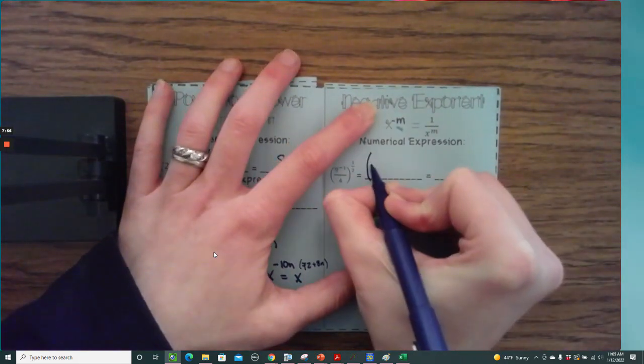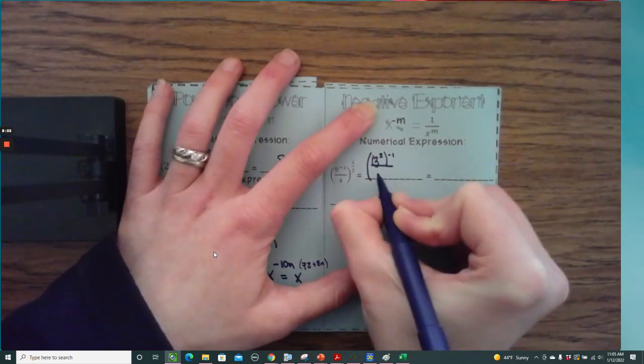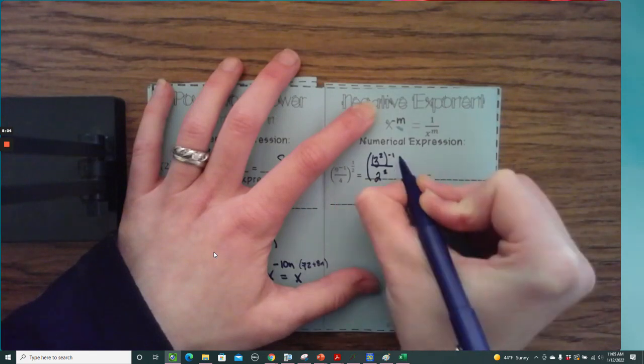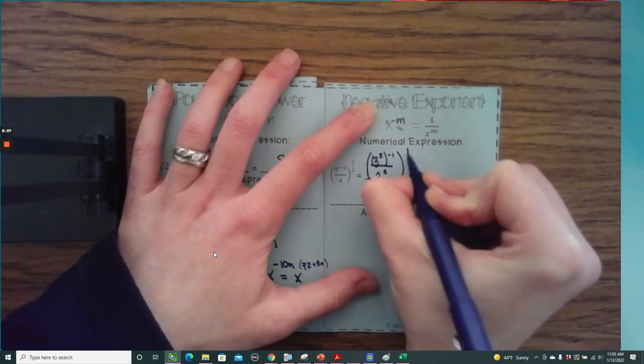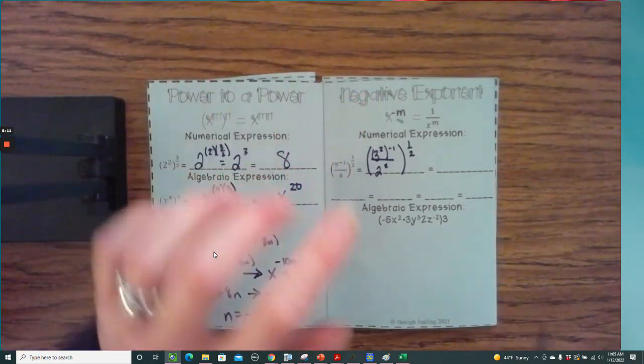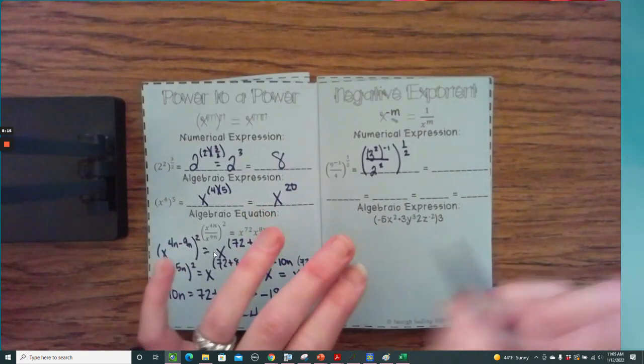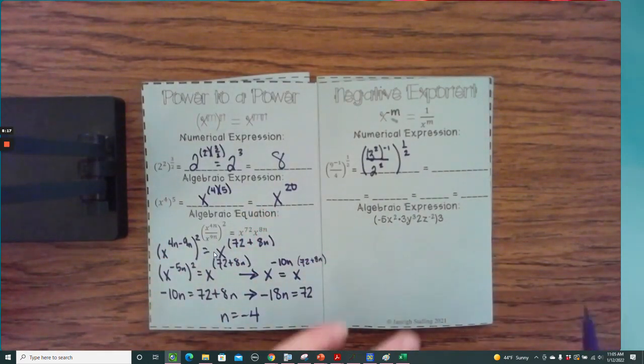So what I'm going to have here is 3 squared to the negative 1 over 2 squared, and then raise it to a 1/2. So when we've got exponents stacked like this, we can just multiply all 3 numbers.